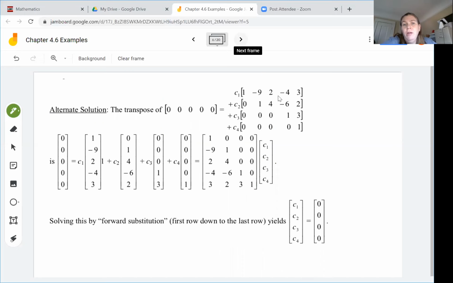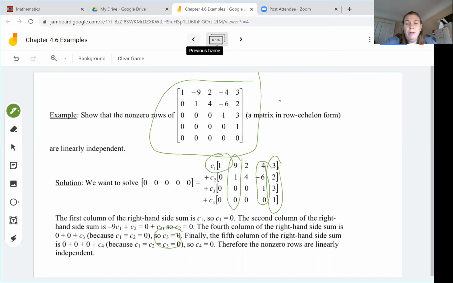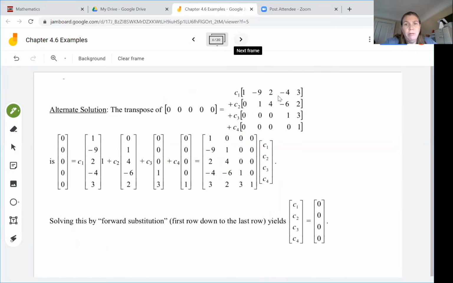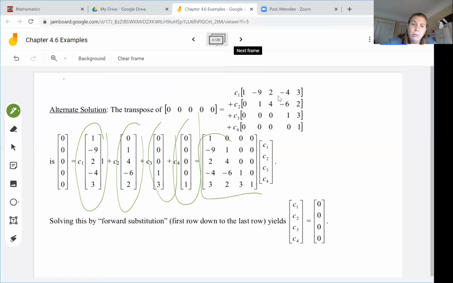Here's an alternate solution. You can take the transpose. Here we had C1 multiplied through by the first row, C2 multiplied through by the second row of the matrix. If we do the same but convert to columns and put it in this form, we can see the only way we're going to get a 0 solution, now that we're working with the transpose matrix, is to have all of the constants equal 0.